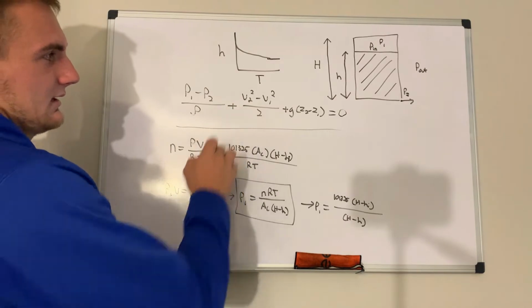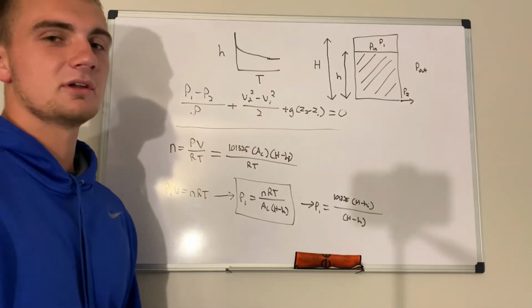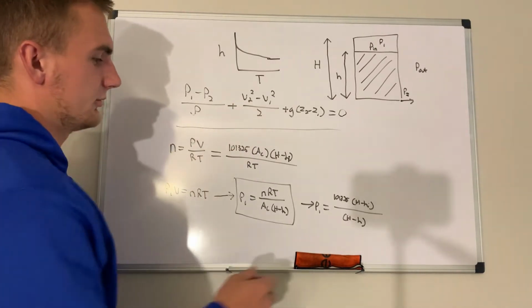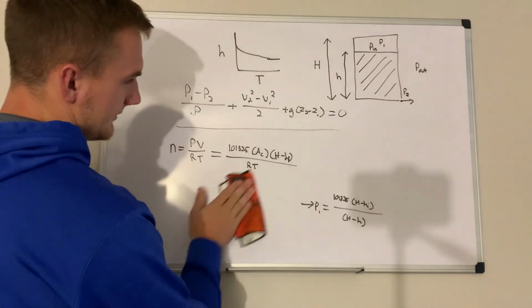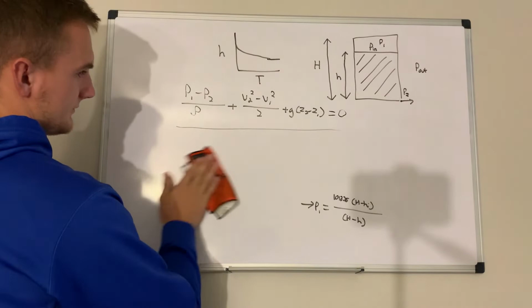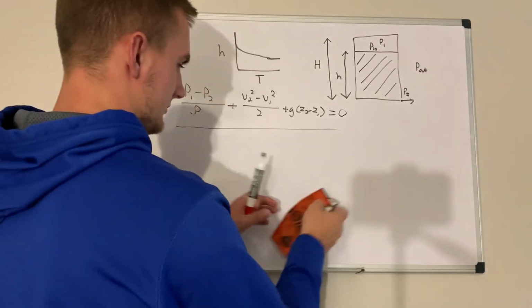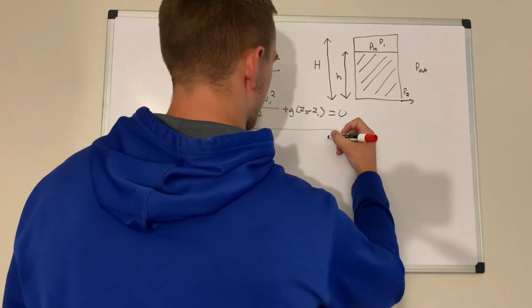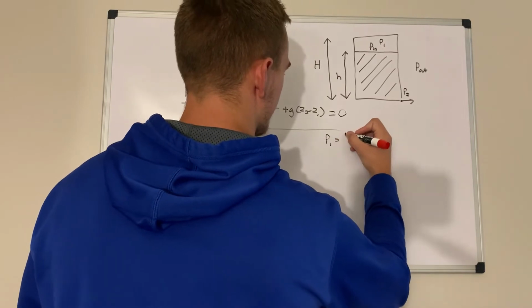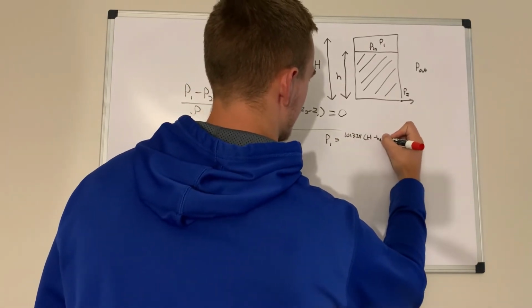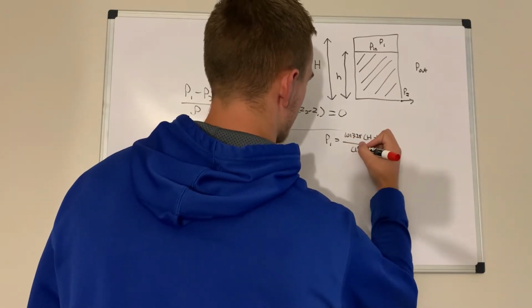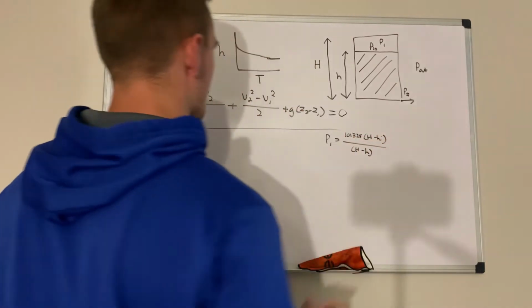But if we get V2 here, we will be able to get that, and I'll show you when the time comes. So I'm going to erase this here. Let me put my P1 up here. So P1 is equal to 101325, H minus HI, over H minus little h.